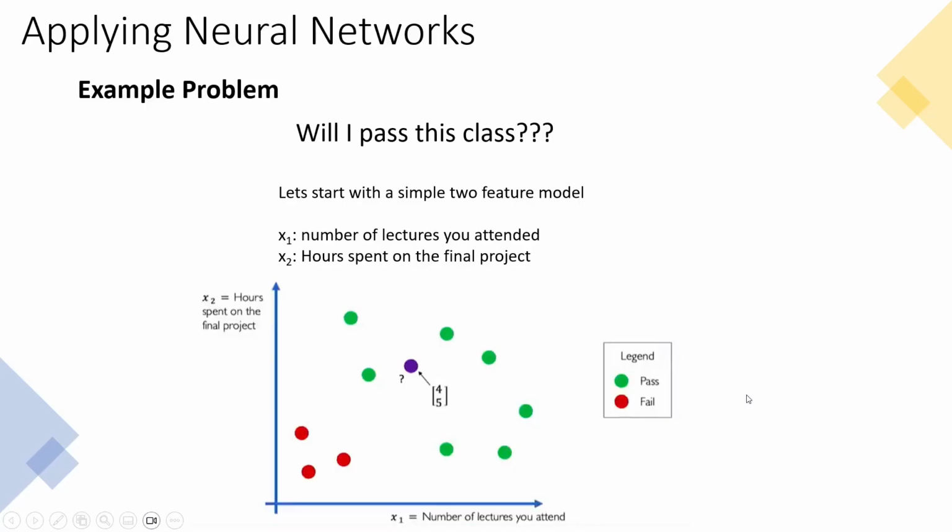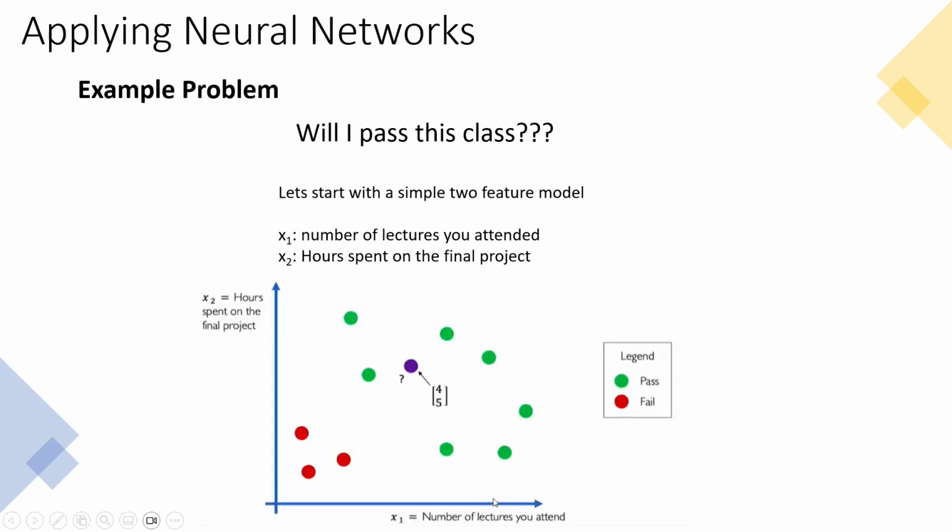So let's see how we can basically apply neural networks. Assume that we will be solving the problem to see whether a student will be passing the class or not. And let's see what are our independent variables. That's the hours spent on the final project and the number of lectures you attend. So the probability you pass the class basically increases if you attend more classes, which is this axis, x-axis, okay.